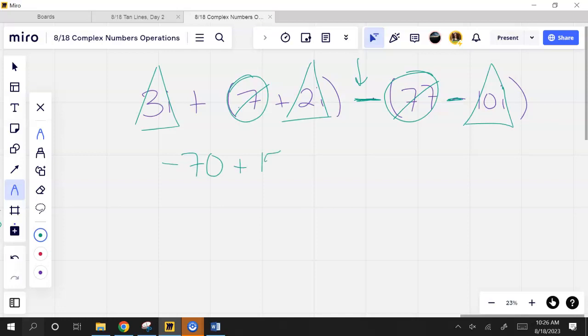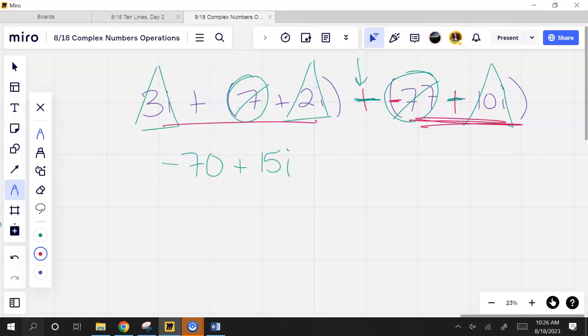Positive 15i. If you're a same change kind of person, this is going to be same, change, and then you change everything in the second parentheses. So change and change. That might make it easier for you if you have trouble seeing it. Or multiply the parentheses by negative 1. That's exactly right. Everybody okay?